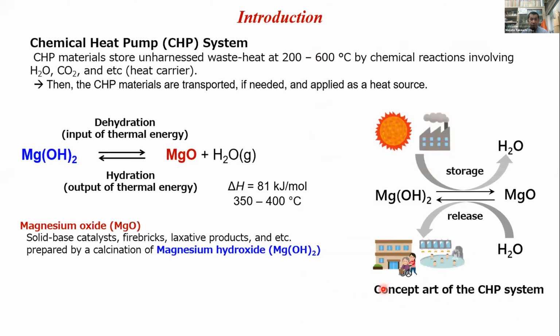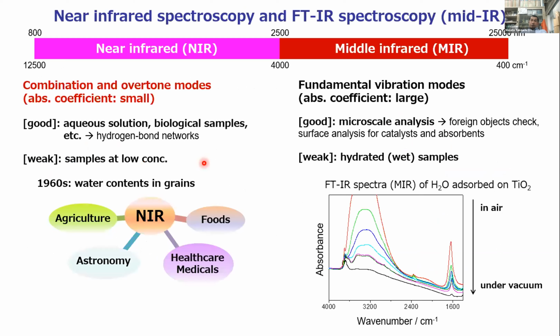And now we are focusing on this reversible reaction, dehydration of magnesium hydroxide and hydration of magnesium oxide. This slide shows the NIR spectroscopy and the FTIR spectroscopy in the middle IR region. Maybe I don't need to explain the details of NIR spectroscopy. Anyway, NIR spectroscopy was first applied to measure water content in grains in the 1960s.